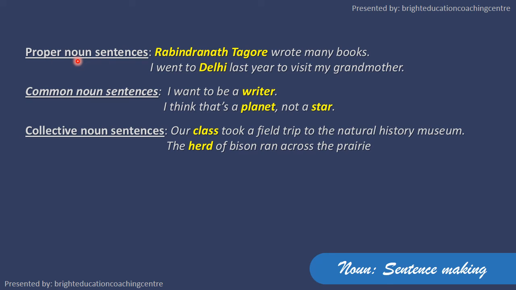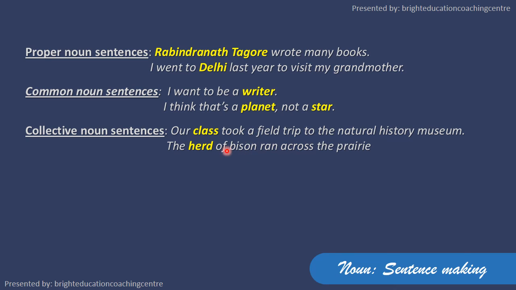Collective noun sentences. It's very easy. Our class took a field trip to the Natural History Museum. As we have just discussed, a class belongs to a collection or a group of people. The herd of bison ran across the prairie. The herd belongs to a group of animals, which is the bison.